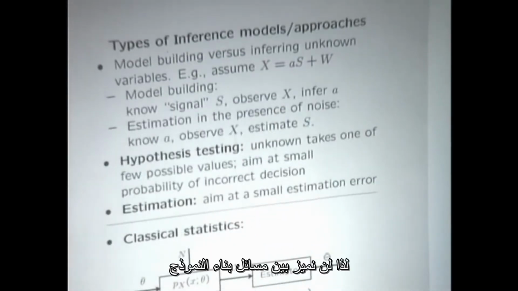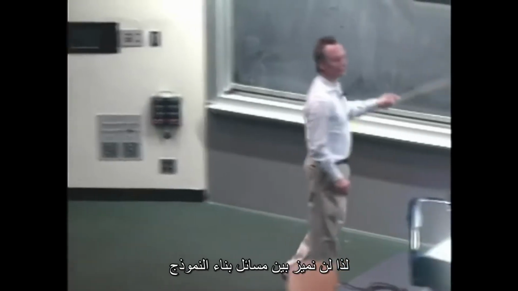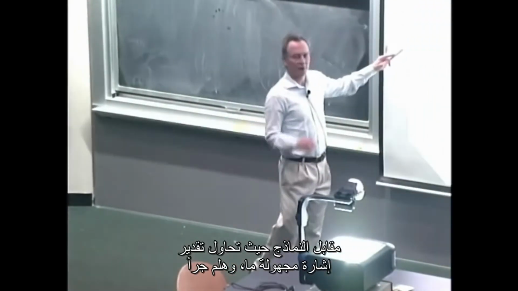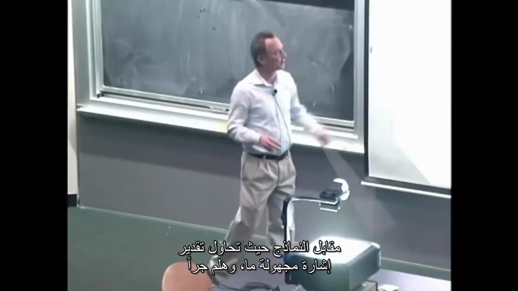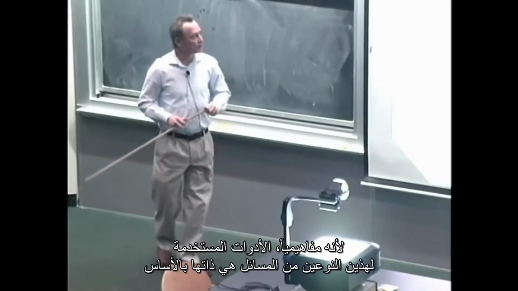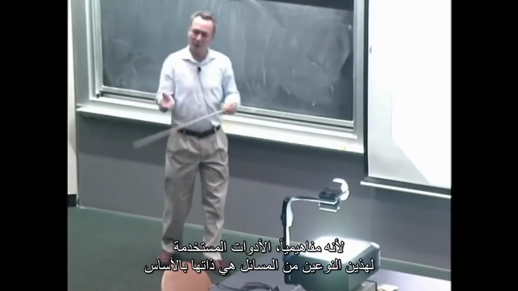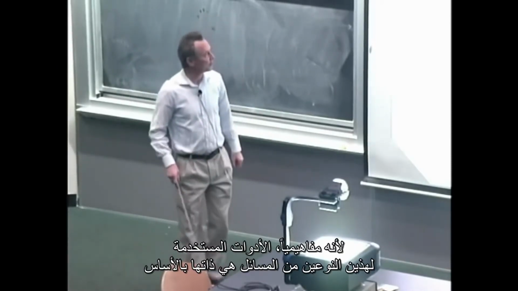Okay. So we will not be making any distinctions between problems of the model building type as opposed to models where you try to estimate some unknown signal and so on, because conceptually the tools that one uses for both types of problems are essentially the same.